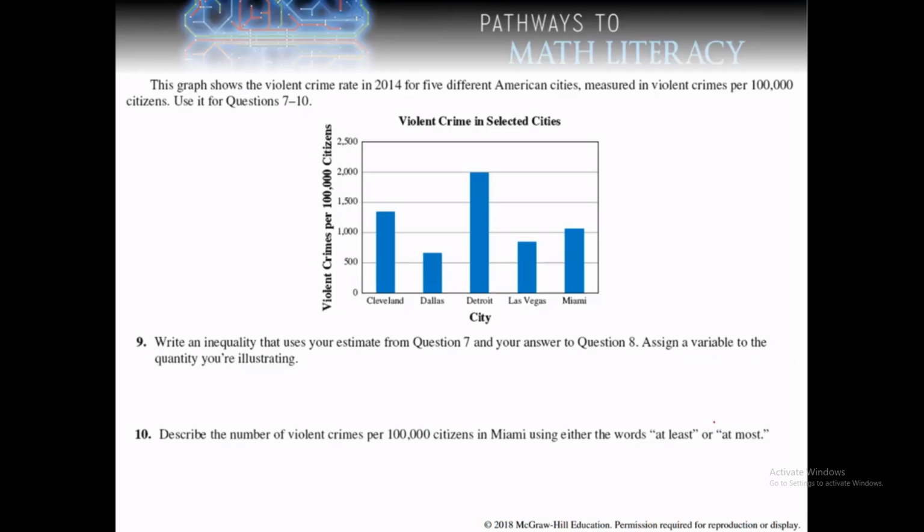I'm going to assign a variable, so let's let V be the number of violent crimes per 100,000 citizens. And so we want to say that for Detroit, it might be 2,000, but it could be just a little less. So V is less than or equal to 2,000.